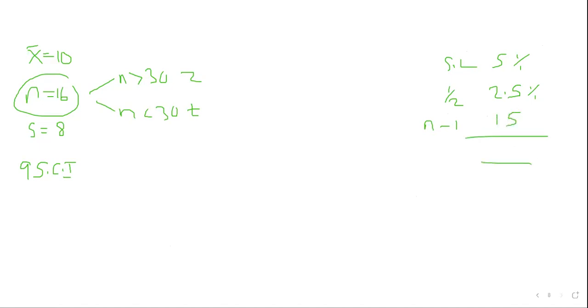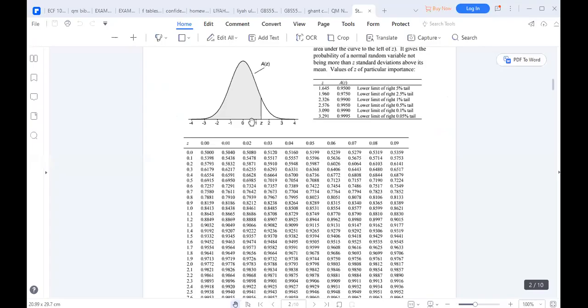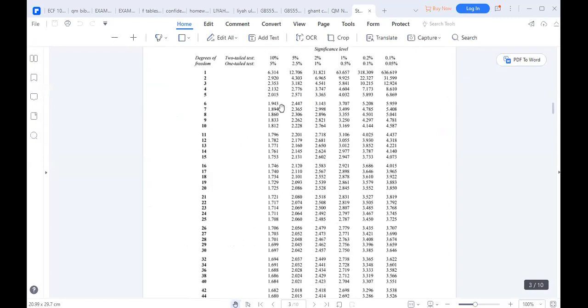So how do we read the T table? We go to our statistical table and look for the values of T. It's the second table, and you're checking it from the Z. So when we go here, this is a Z, the following one is a T.